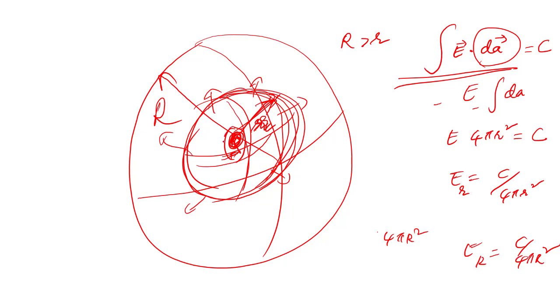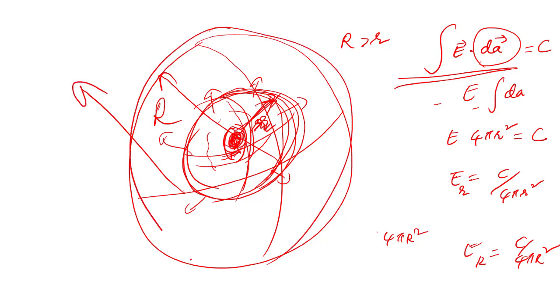As you go out radially, you are including more and more surface area without changing the source at the center. It's like you have one faucet open here, water is flowing out. As you go farther and farther from that faucet, you are decreasing the flux as per the surface area, 4 pi r square. And that's what you see as the 1 over r square in electric field.